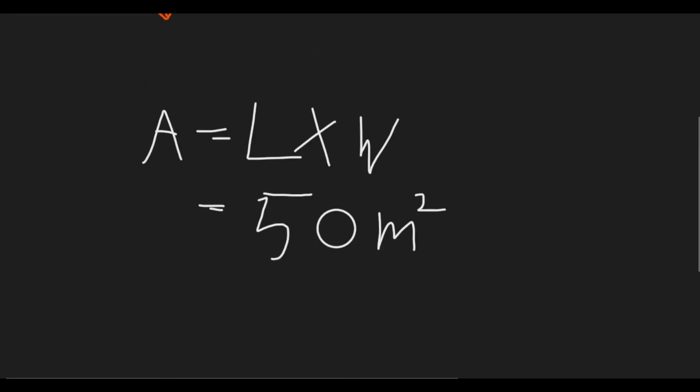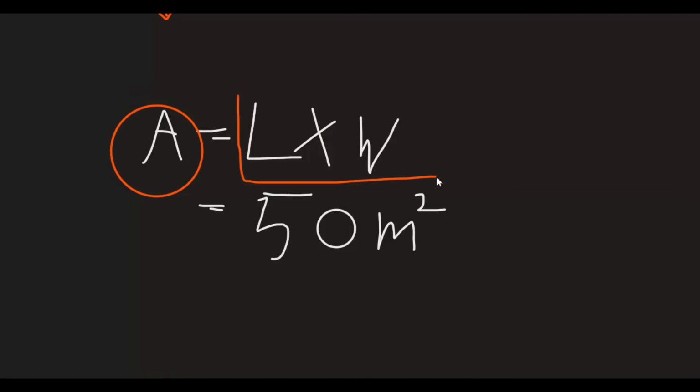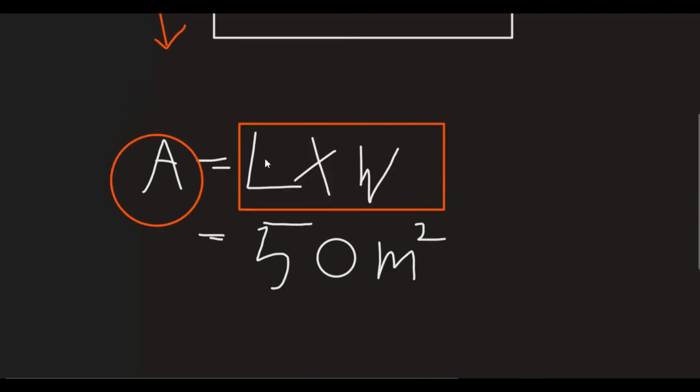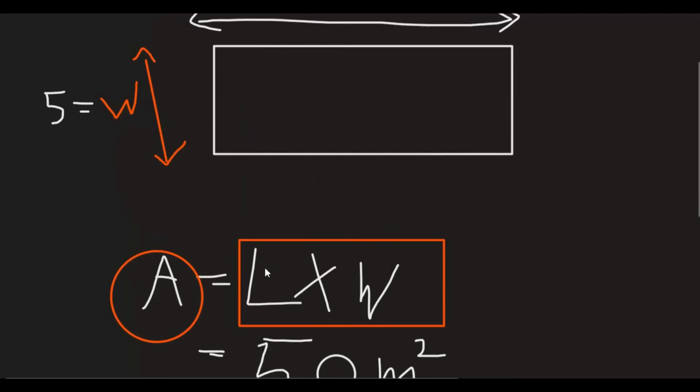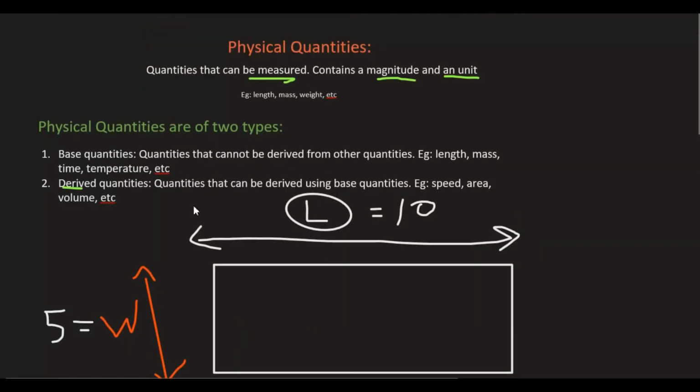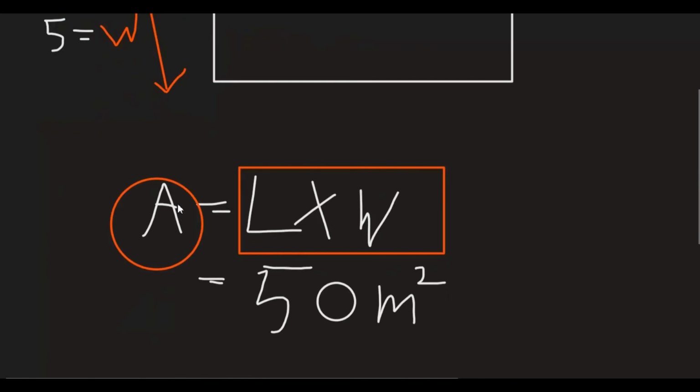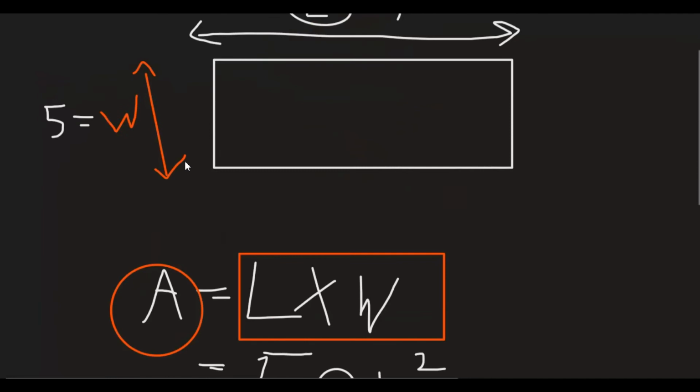To find this area we needed the length and the width. We couldn't find the area without the help of the length and the width. So here we can see that derived quantities are quantities that can be derived using base quantities, and for the area we used length and width, which were base quantities.